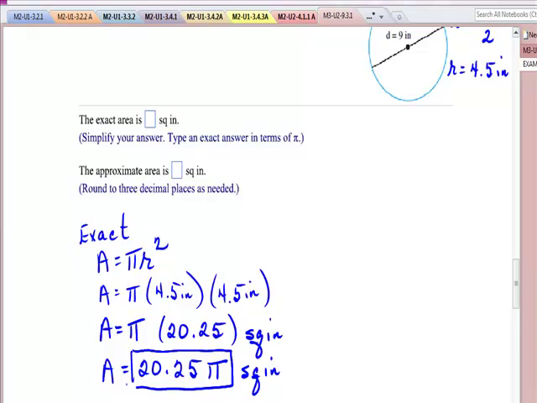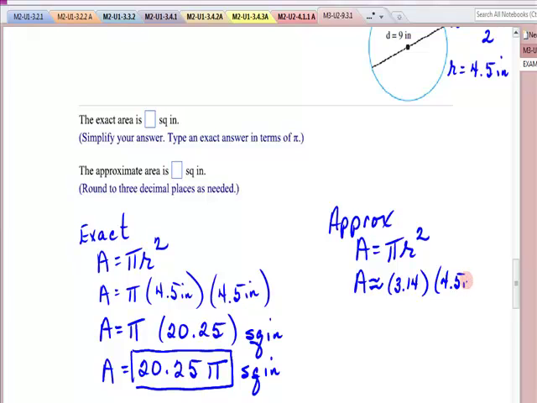That's exact. Now let's look at approximate. Area is pi r squared. And I hope you're making yourself a nice list or some note cards of all of your formulas. Area is approximately 3.14 times 4.5 inches times 4.5 inches.